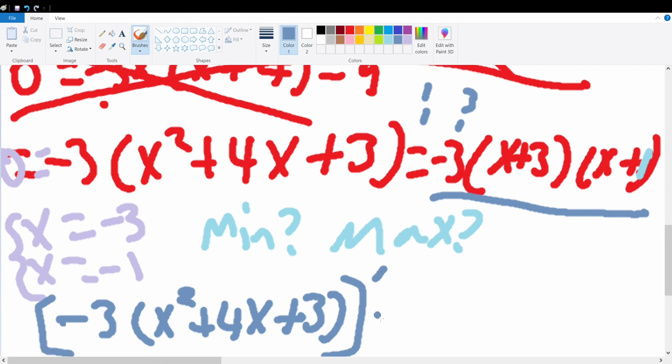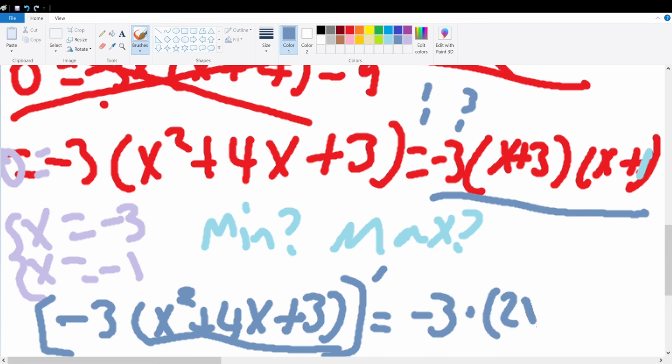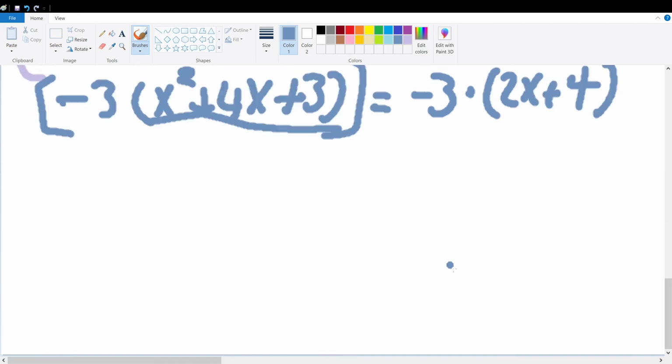Using the product rule, negative 3 times the derivative of x squared plus 4x plus 3, which is 2x plus 4. We can simplify that to be equal to negative 6x minus 12.